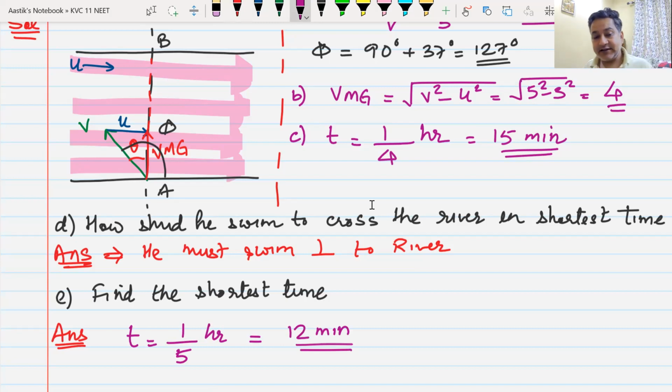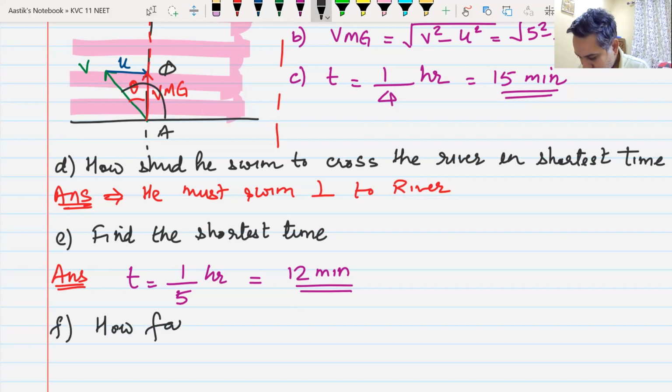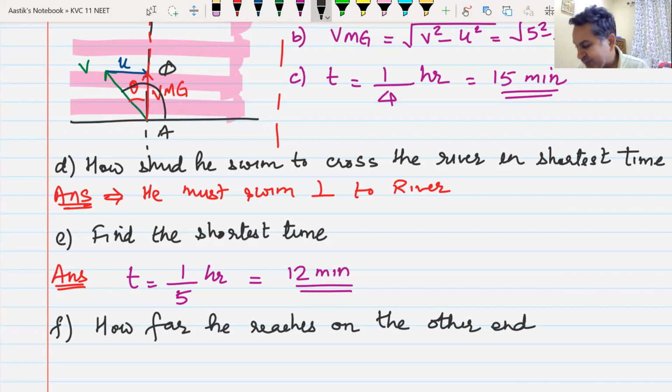The next thing is how far he reaches on the other end. How far ahead he reaches on the other end.